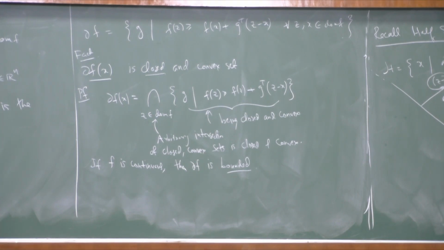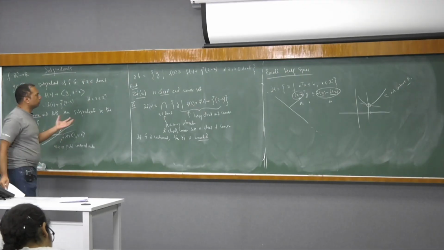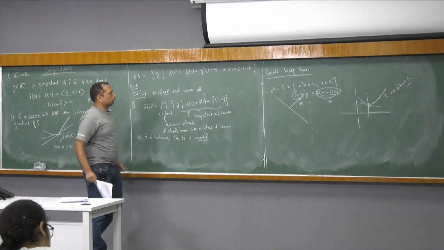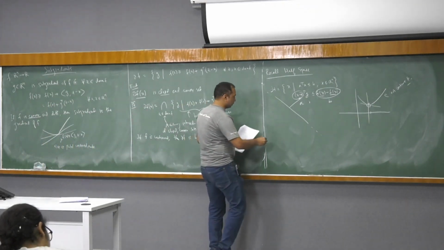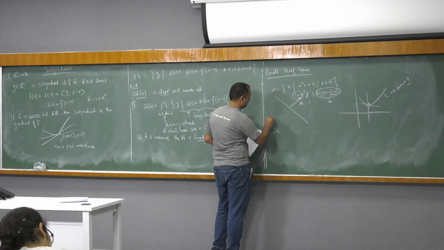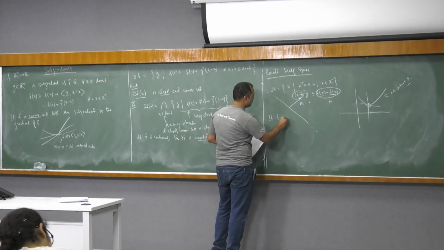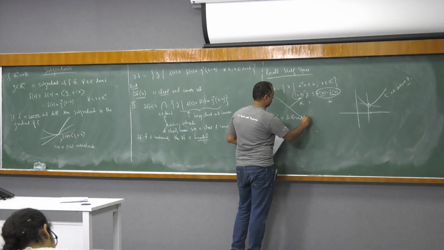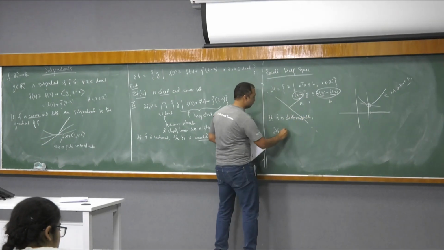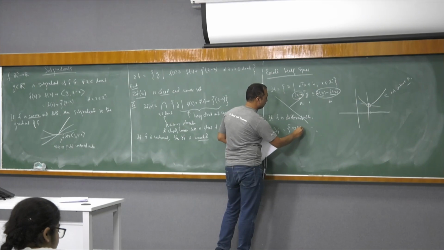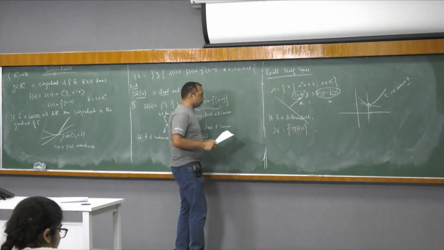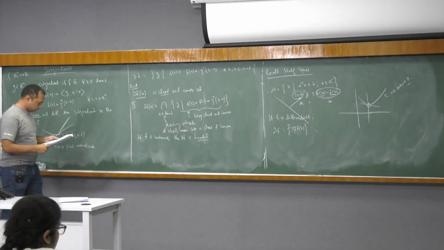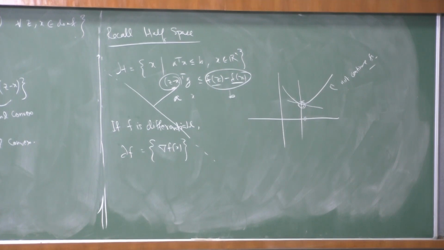So the subdifferential of a differentiable function is the trivial one. If f is differentiable, then the subdifferential just contains the usual gradient. Okay, so this is just a repeat of what we have seen already.